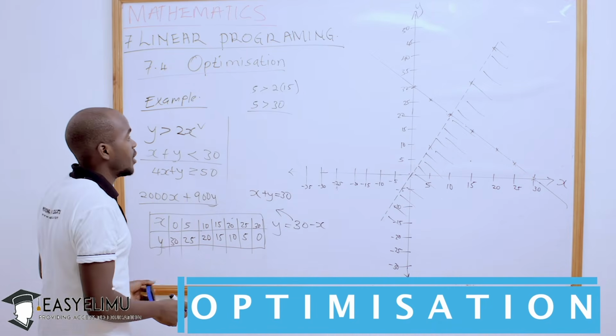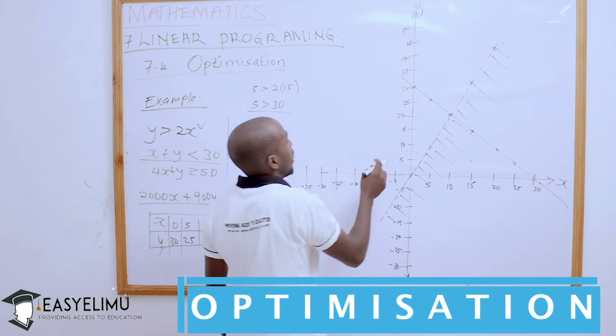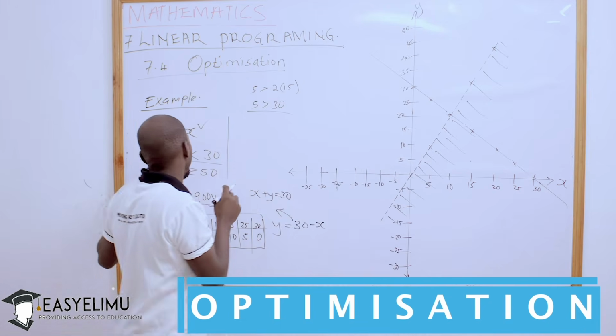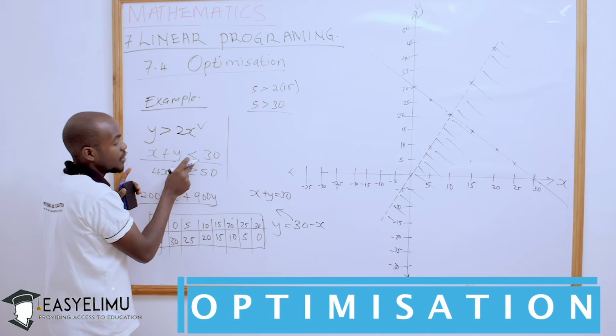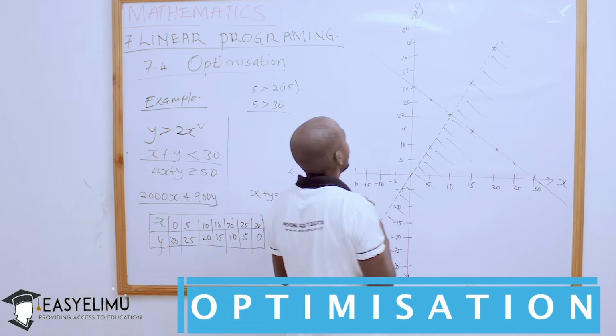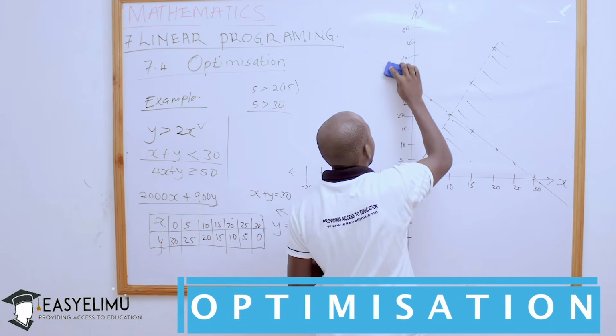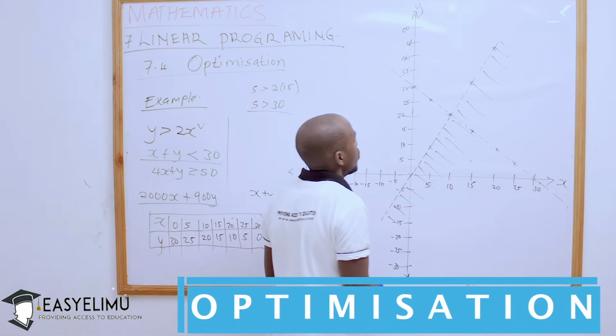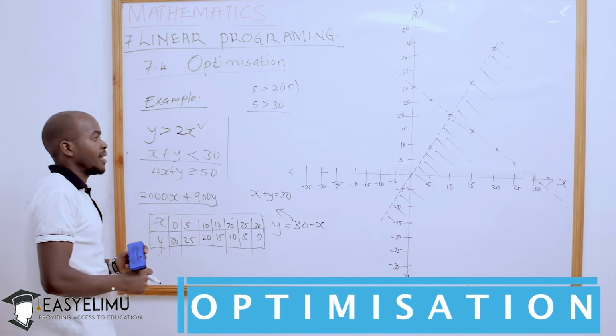So on plotting, we shall draw a line like that, and remember that line will be dotted because this one is less than. So I'm going to make my line dotted, so it will be a dotted line like that.